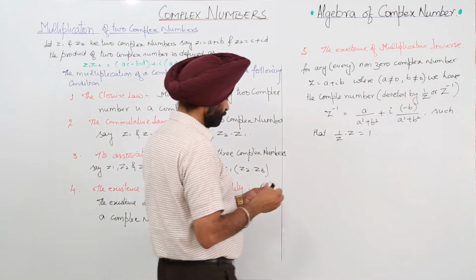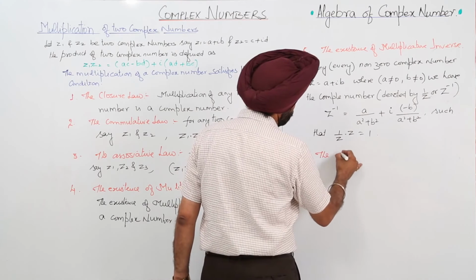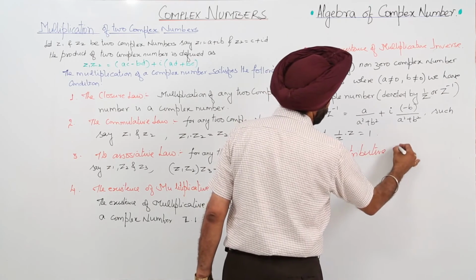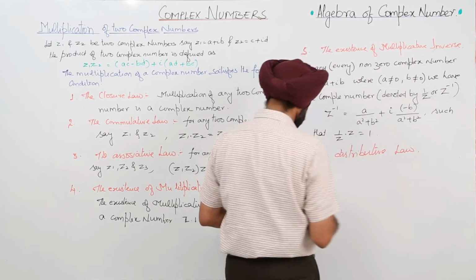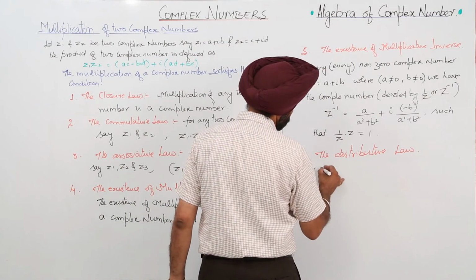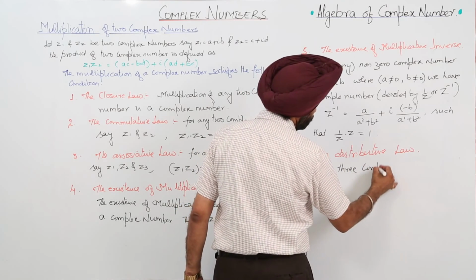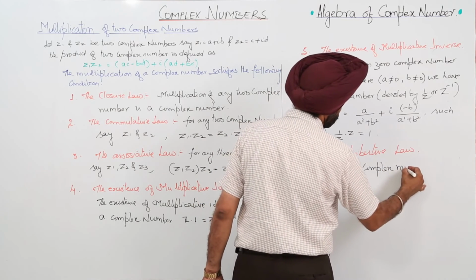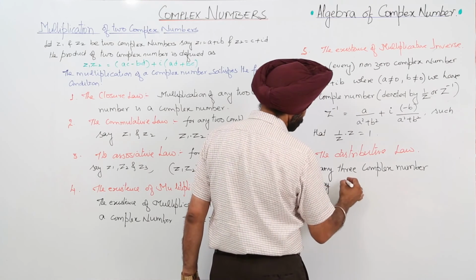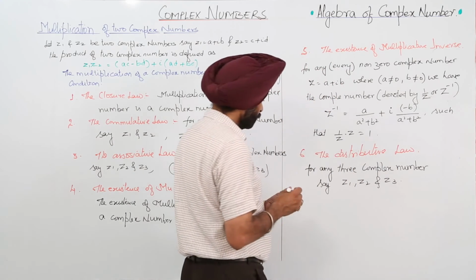Now the last one is number 6, the distributive law. This is the last one here. Now for any three complex numbers, say Z1, Z2 and Z3, what can we write for this one?